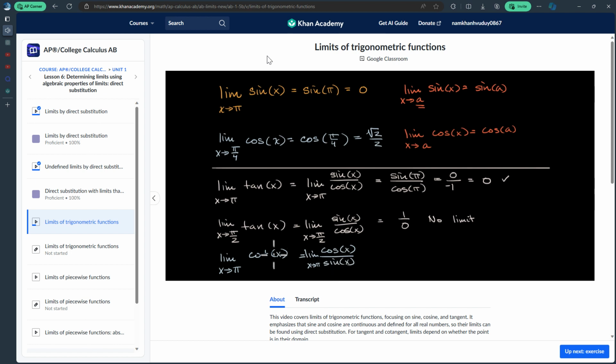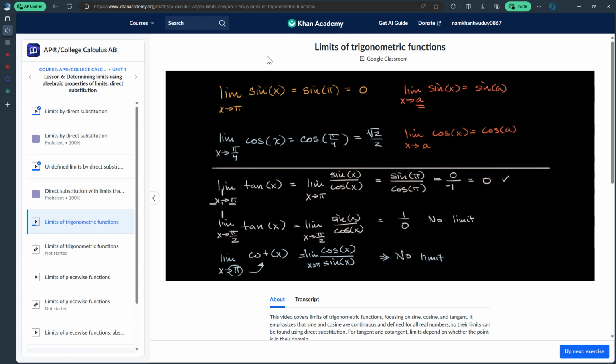And is pi in the domain of cotangent of x? Well, no. If you were to just substitute pi in, you're going to get negative 1 over 0. And so that is not in the domain of cotangent of x. If you were to plot it, you would see a vertical asymptote right over there. And so we have no limit. So once again, this is not in the domain of that. And so good chance that we have no limit.